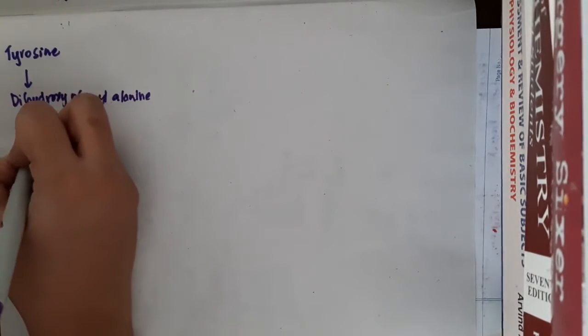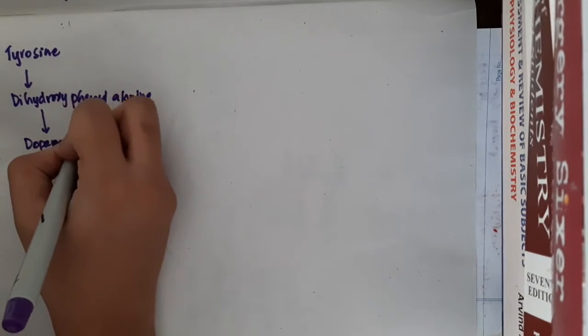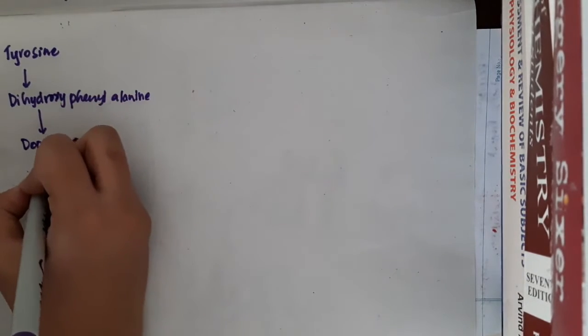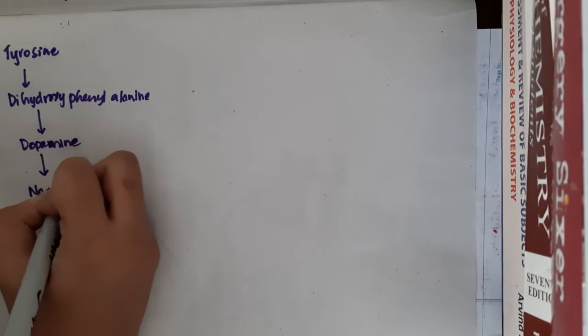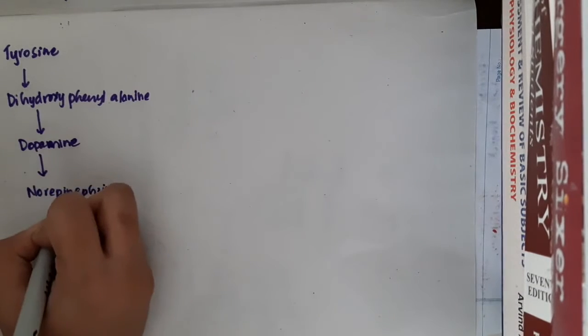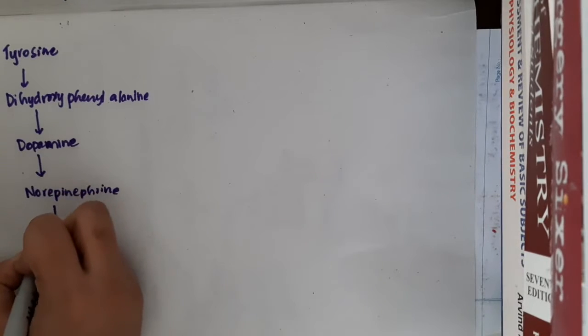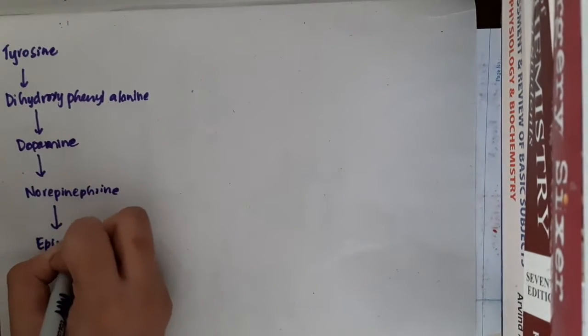This dihydroxyphenylalanine, through decarboxylation, forms dopamine. Dopamine, through hydroxylation, forms norepinephrine. This norepinephrine undergoes methyltransferase and forms epinephrine.